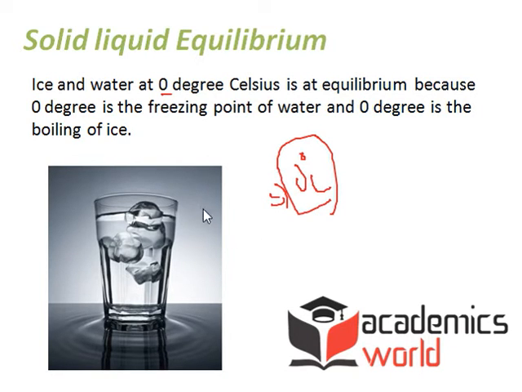We know that 0 degrees is the freezing point of water, so that's why this is at equilibrium. But why is it dynamic equilibrium? It is dynamic because it is not just that the ice remains as ice and water remains as water.